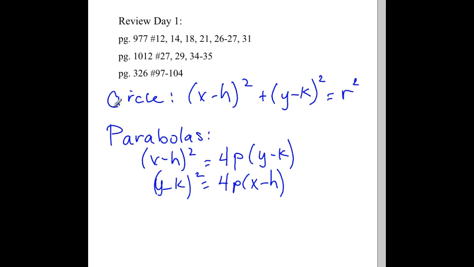You guys have been graphing x squared graphs for a couple years now. So when you get to the parabolas, always think in your mind, okay, I know what an x squared graph looks like. y equals x squared is our basic parent function, right? If it's negative, we flipped it upside down. But you should know those are the up and down kind. It's the y squared ones that were the new ones this year. Those are the side to side.